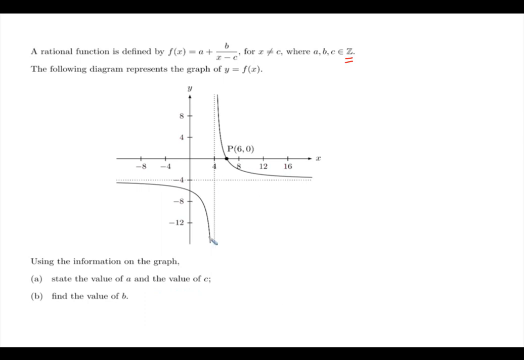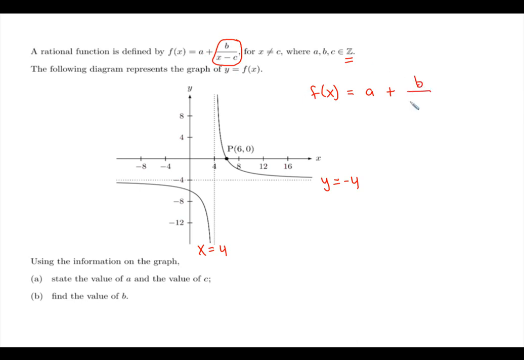Looking at the graph, first of all, I see a horizontal asymptote at y is equal to negative 4, and I see a vertical asymptote at x is equal to positive 4. Now, if we examine this part of the equation, here's our f of x function. We know a is some number, and b is some other constant, some integer.